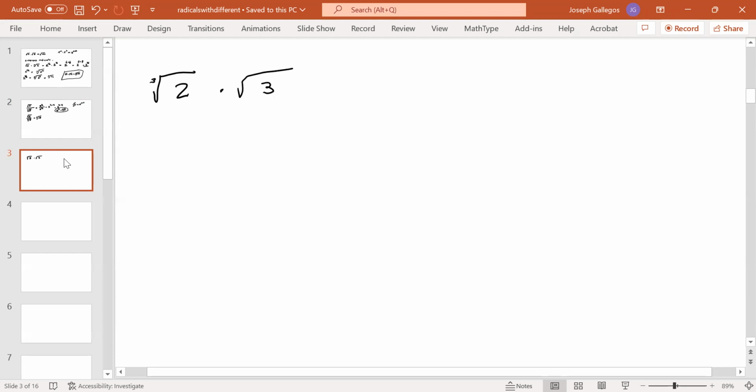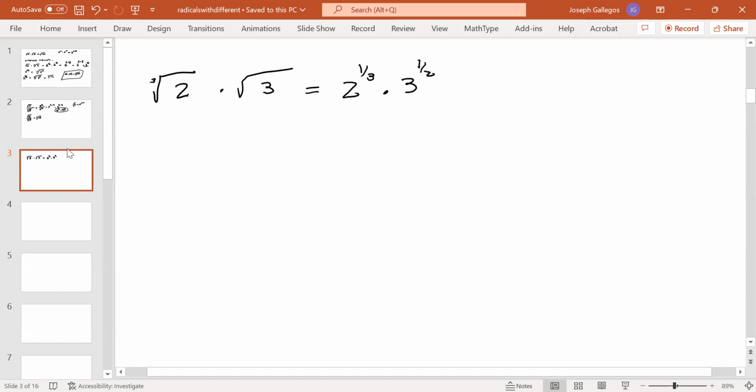So now these have different bases, so we're not going to be able to add their exponents like we did in the previous problem, unless we can figure out a way to either make them the same base or use another property of exponents. But let's start by converting them into exponent form. This is 2 to the 1/3 multiplied by 3 to the 1/2.